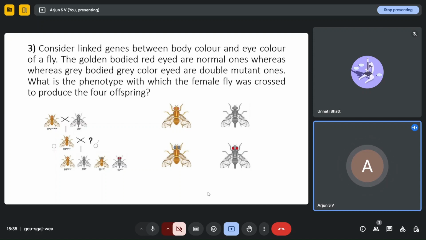It's actually a pretty simple concept if we think about it. We have been discussing one specific concept in Mendelian genetics over the past two weeks.